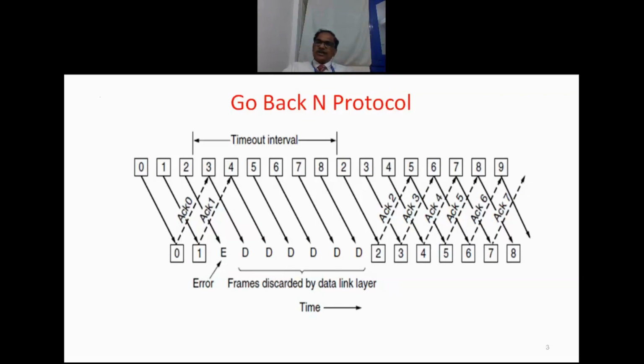Once it receives the acknowledgement for that frame, the buffers allocated for the frame can be released, and those buffers can be allocated for some other frame. Likewise it has to happen. This is how Go-Back-N is improving the performance at the cost of additional buffers.